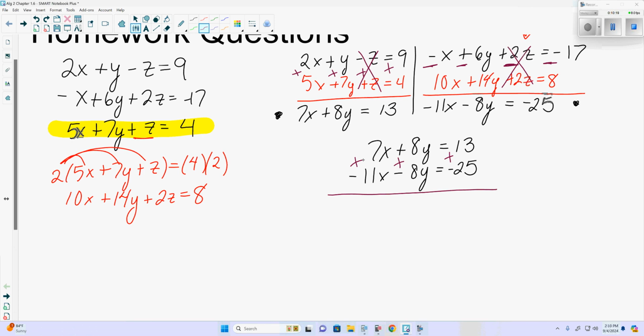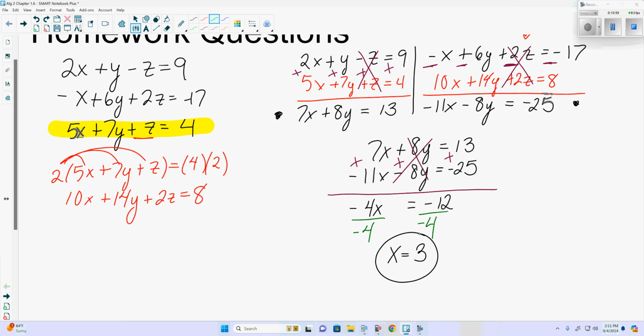The first one, we're adding 7 plus negative 11. 7x minus 11x is negative 4x. 8y plus negative 8y is 0. 13 plus negative 25 is negative 12. We are down to one equation with one variable. Yes? Solve. We divide both sides by negative 4, so x is equal to 3.